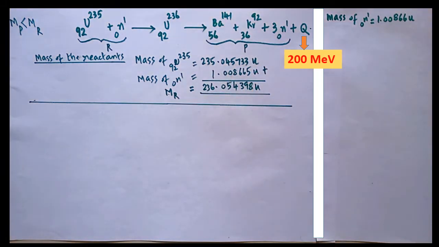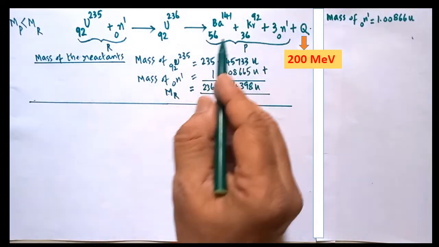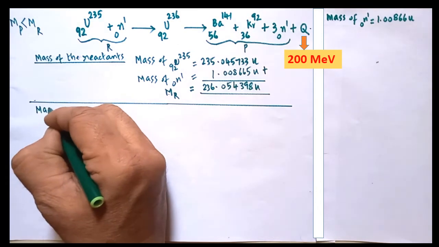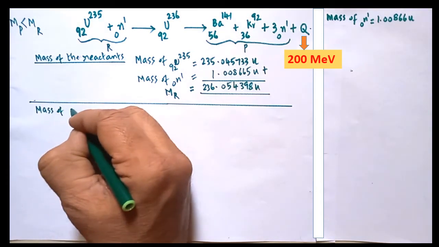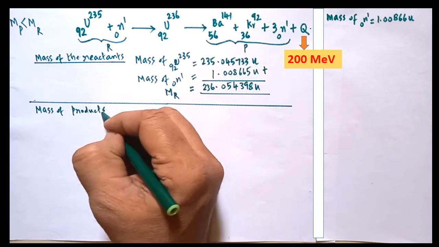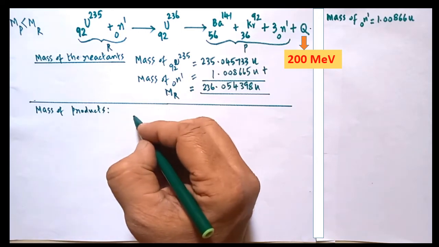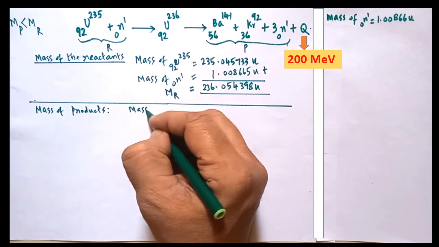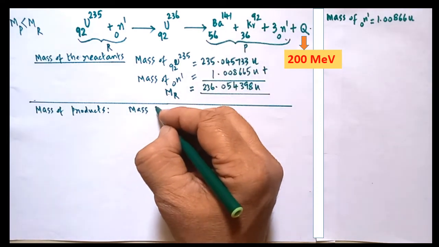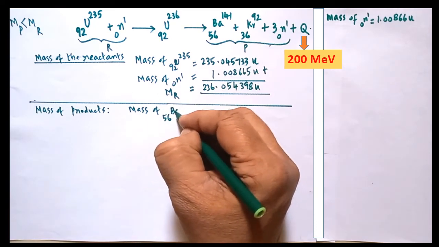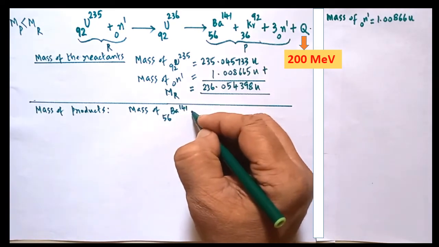Now we are going to concentrate on the products. Who are all products? Barium, krypton, 3 neutrons. I will give the subtitle here, mass of the products to be calculated. First, let us take barium. Mass of which element? Fission fragment. Mass of 56 barium 141.